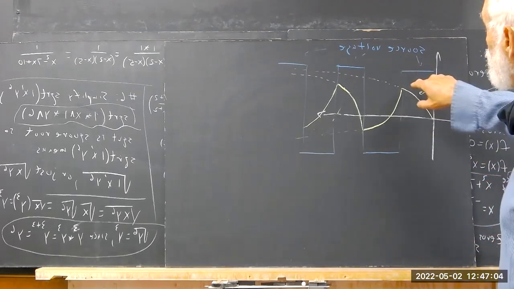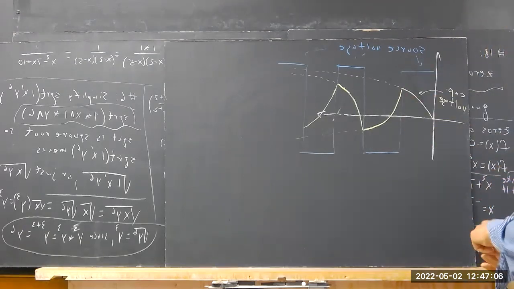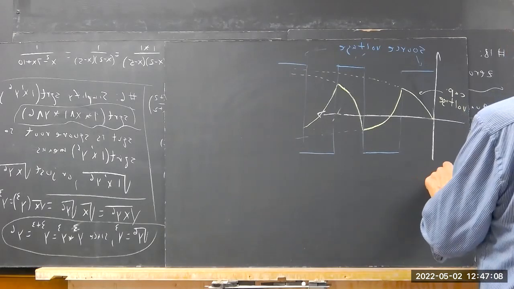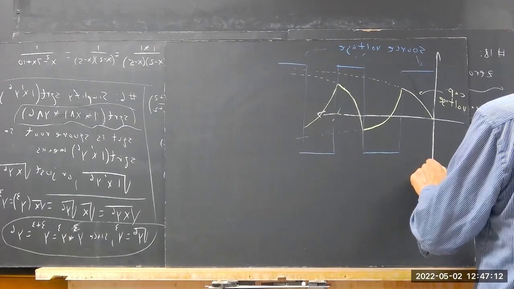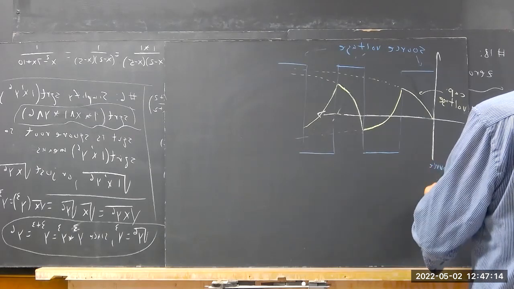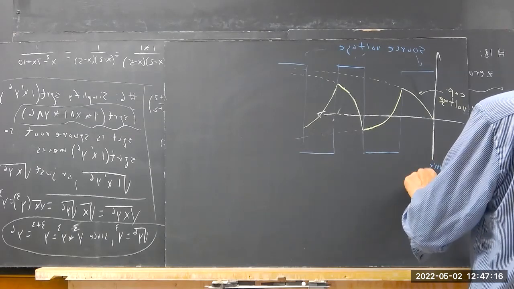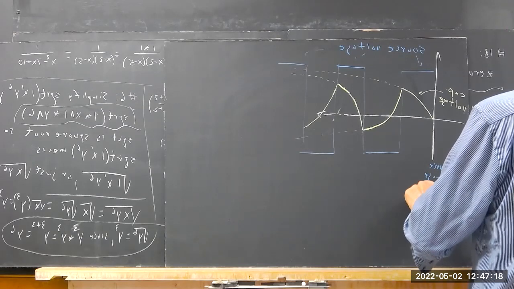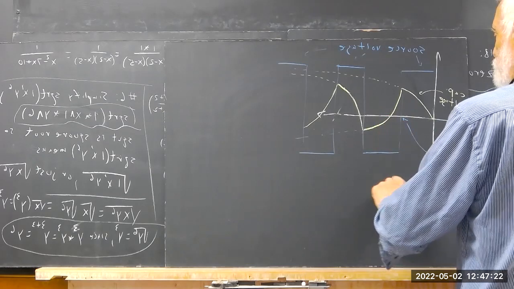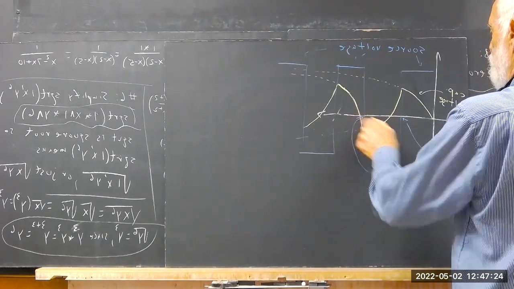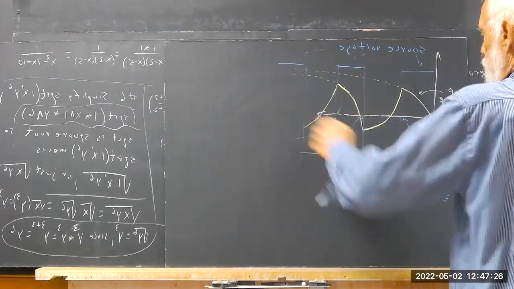So anyhow, the source voltage is zero here, and here, and here, and here, right?